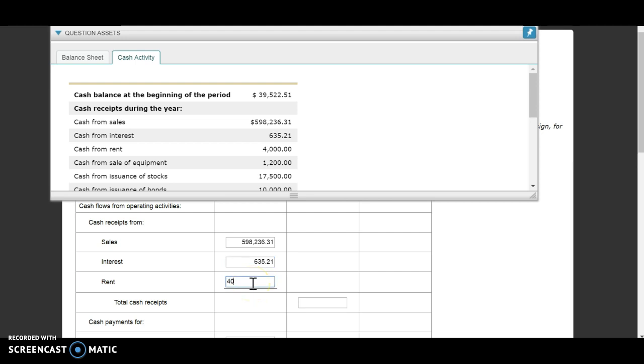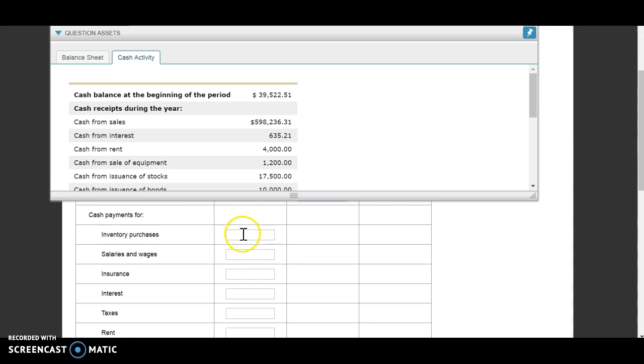And from rent, it's $4,000. Okay. Then it wants our total cash receipts, so we're going to add up those three numbers to get how much we received. Our total cash receipts then is going to be $602,871.52.